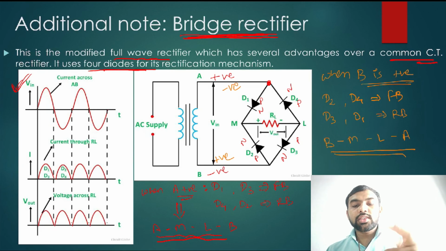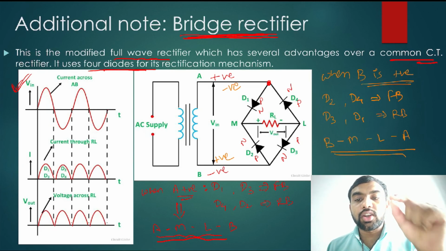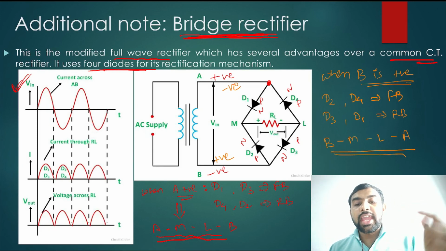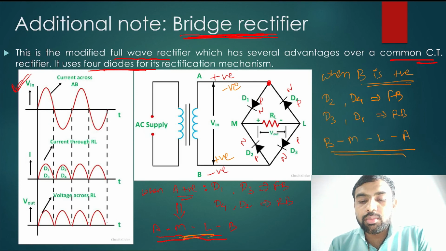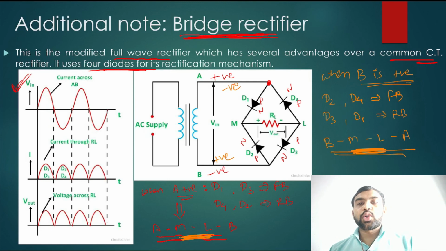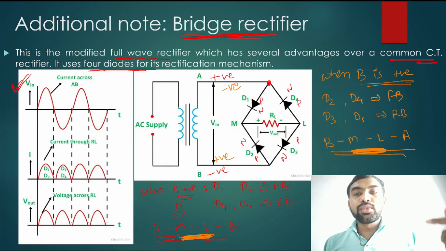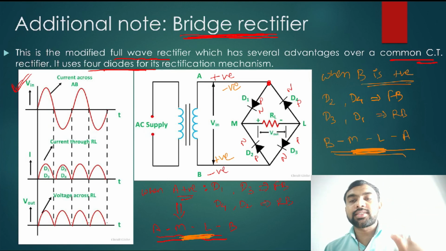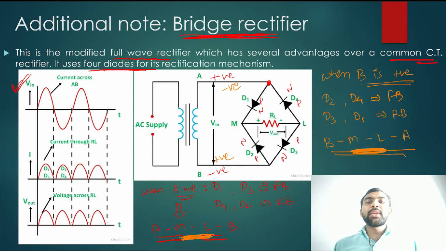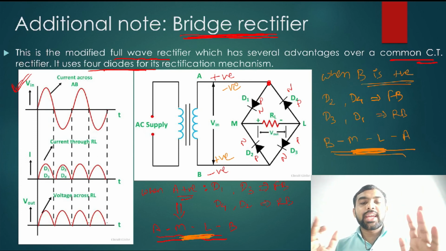ठीक है. So in both cases, in which direction is the current flowing through the resistance? M to L. See here also M to L and here also M to L. So current flows through the resistance in the same direction, which means it is unidirectional current.